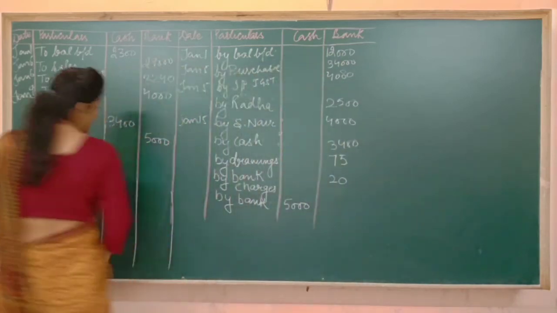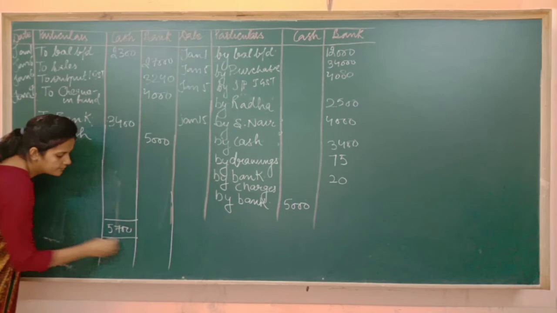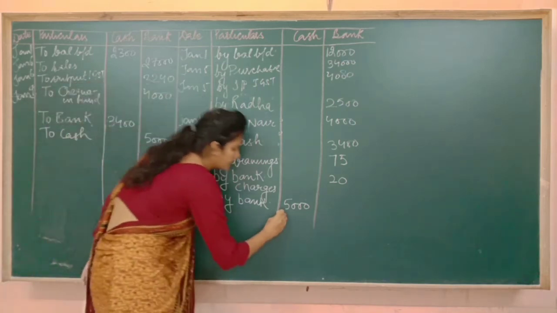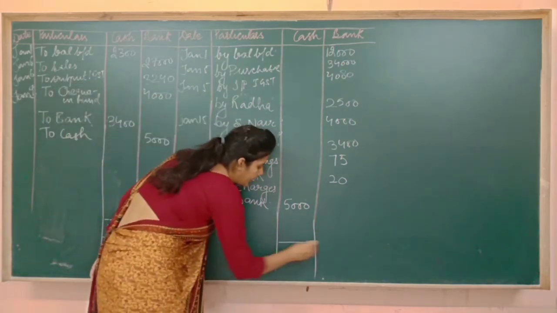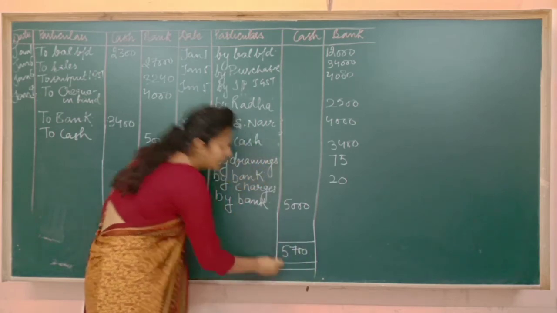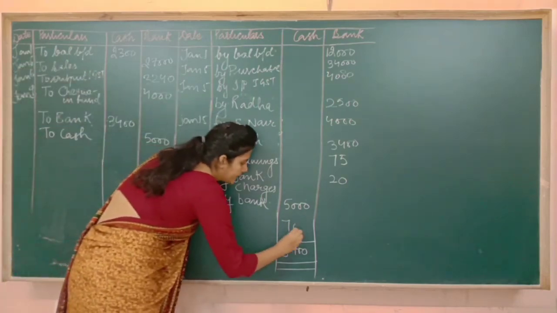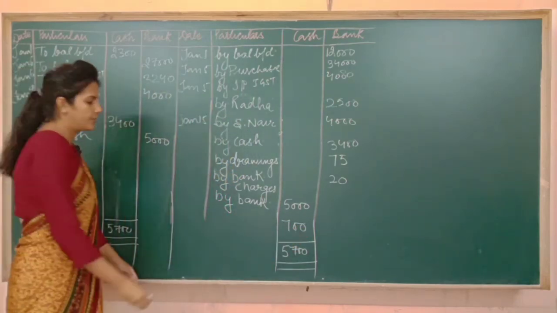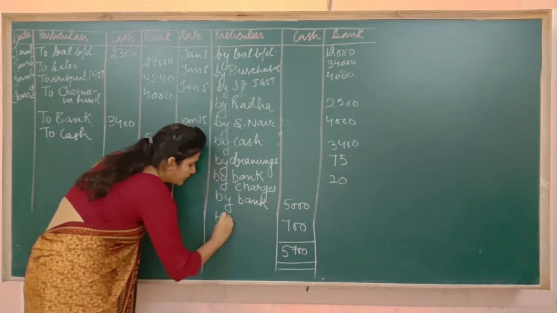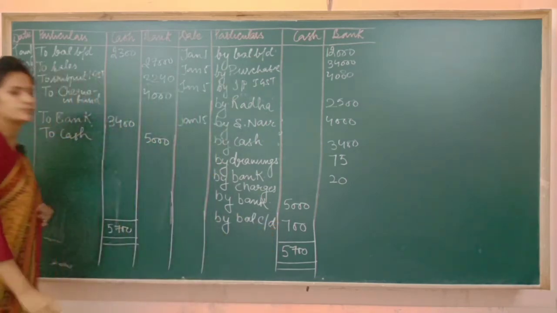So we write the balance of the side which is greater, 5700. To make them equal, I should carry down the balance of 700. So it will be by balance carried down.